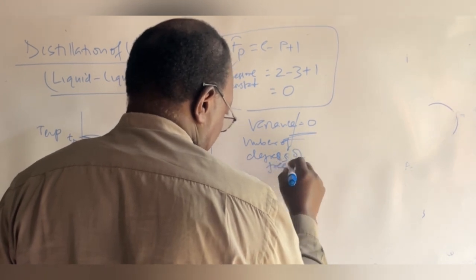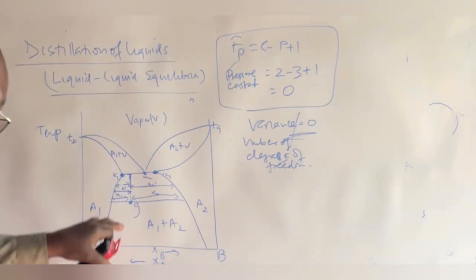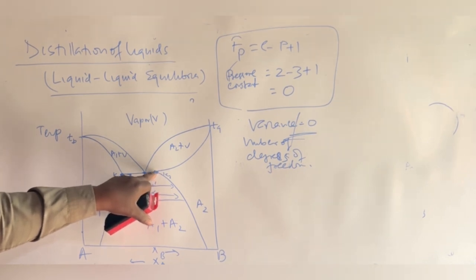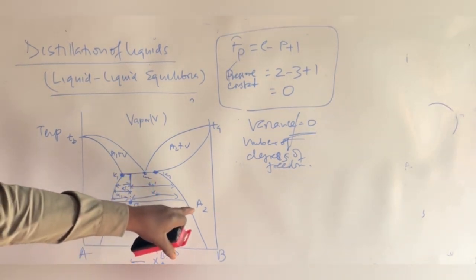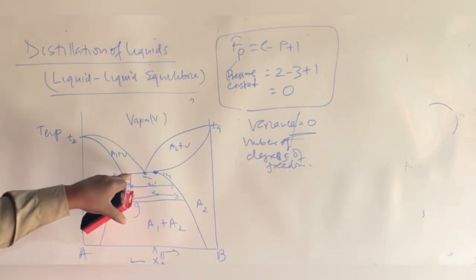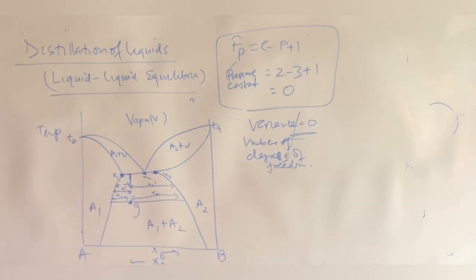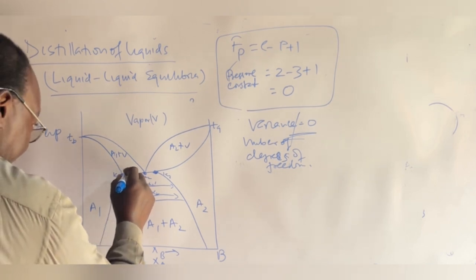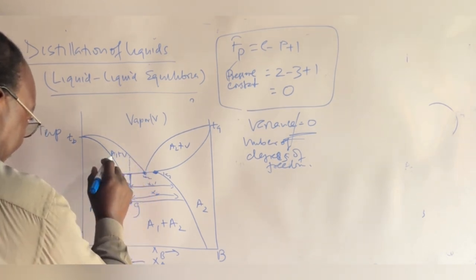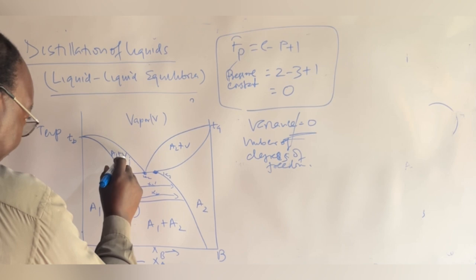At that particular point, the temperature is constant. A2 is being preferentially vaporized. Temperature remains constant where we have the three phases. And finally, after that, as you continue heating, the temperature now rises, and we are in the region where we have A1 and A2.